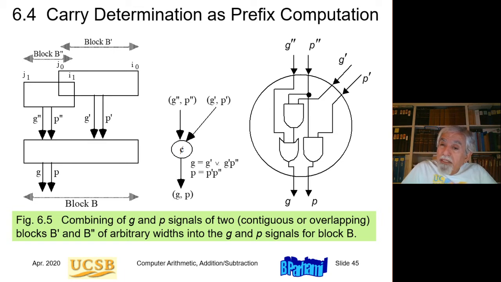Okay, so that circle with the cent sign inside is a shorthand notation for this simple 3-gate circuit. This is basically a look-ahead carry generator for just 2 bits.